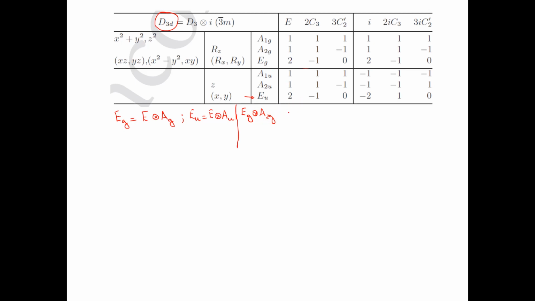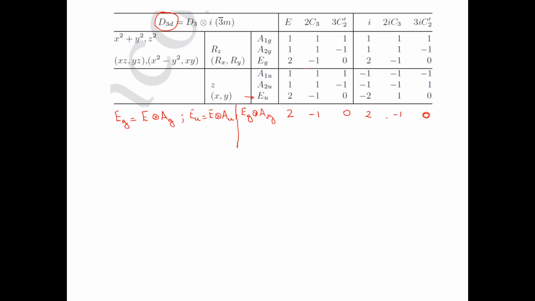This is 1 times 2 is 2, this is minus 1, this is 0, and this is 2, minus 1 and 0. This is going to give you either an irreducible representation of the group, or a reducible representation, a representation that you can reduce.